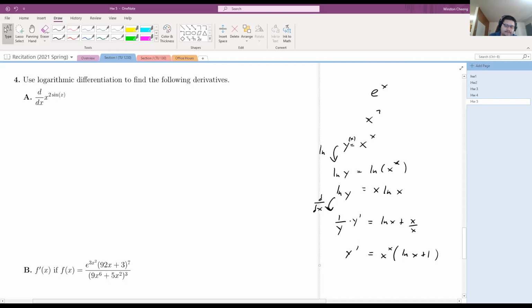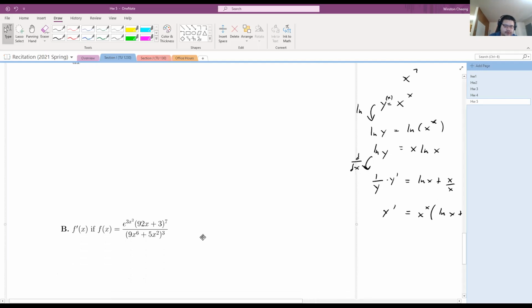Okay. And then I want to say just a quick thing about this one. Notice how complicated this is. Because you have a quotient, you have powers, you have a product, you have to use all of the rules that we've taught you: the quotient rule, the product rule, the power rules, and it's going to get pretty messy.